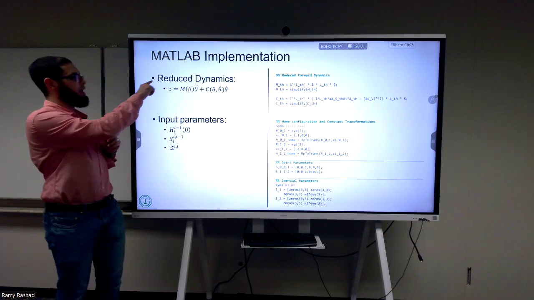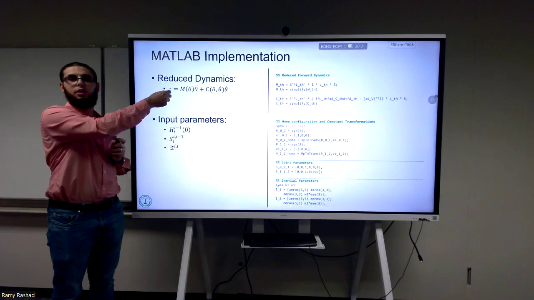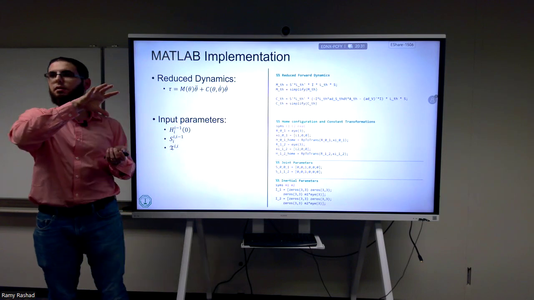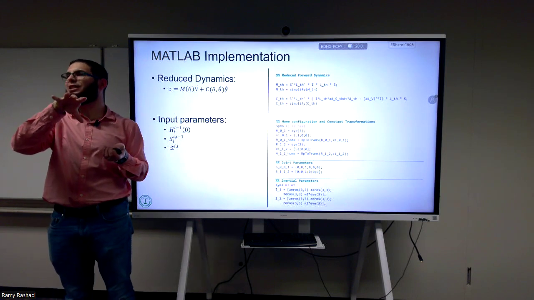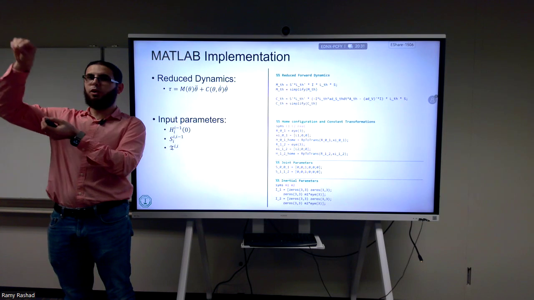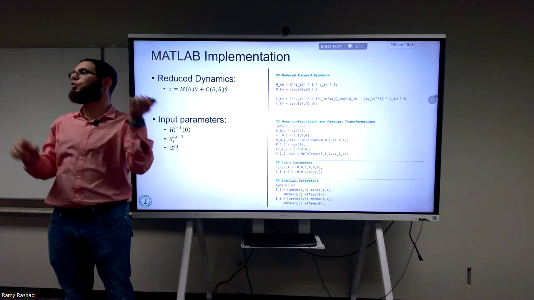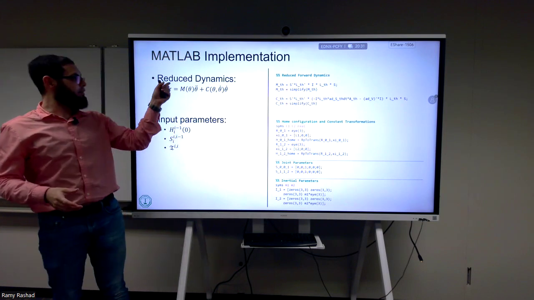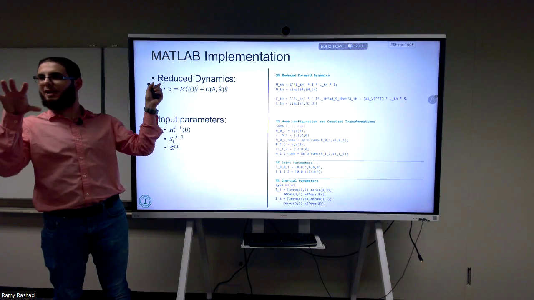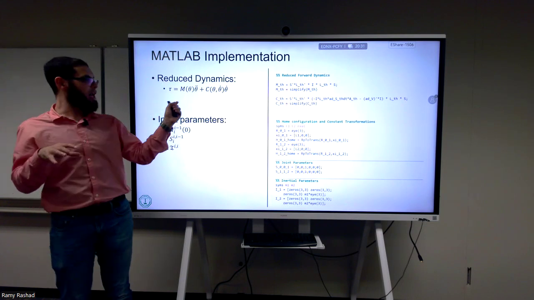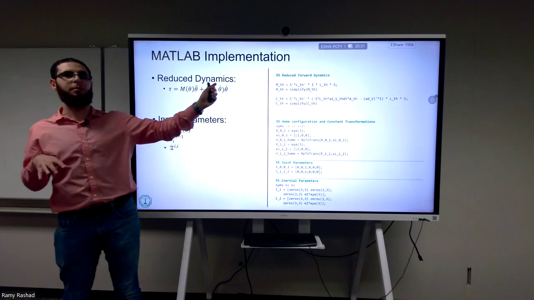So what you're going to have here, instead of the taus, is some sort of matrix. It's called a selection matrix. The selection matrix will select which one of these torques is actually actuated and which one is 0. And you're going to have here this S transpose, the selection matrix transposed. You're going to have here also its corresponding S multiplied by the theta dot.